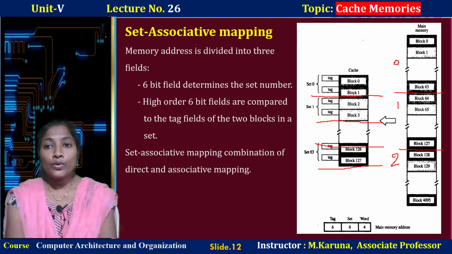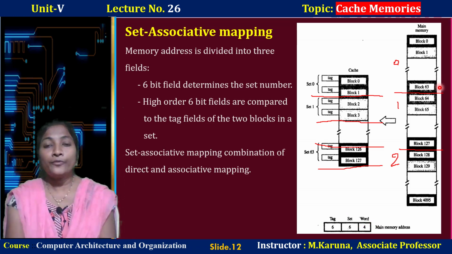Now, to access 64 sets in cache memory, 6 set bits are required. To access 16 memory locations in a particular required block, 4 bits are used.